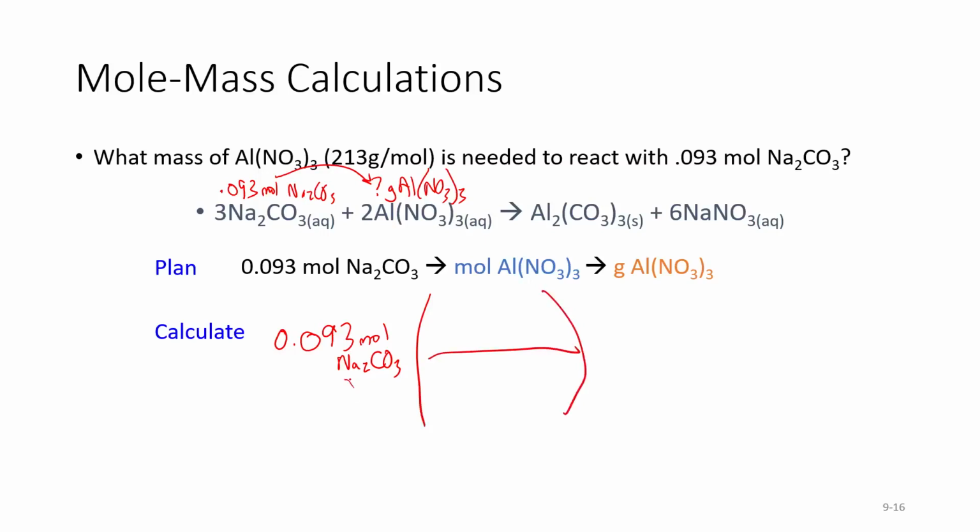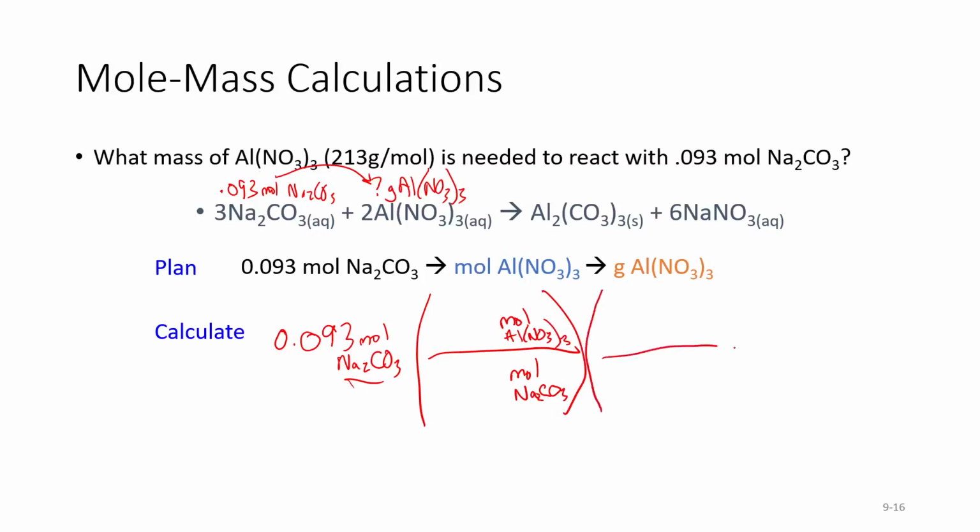Since we're starting with moles of that, we're going to put moles of that substance here. And in order to get to moles of the other substance, we can start right away with the mole to mole ratio. So we can go directly to moles of Al(NO3)3.